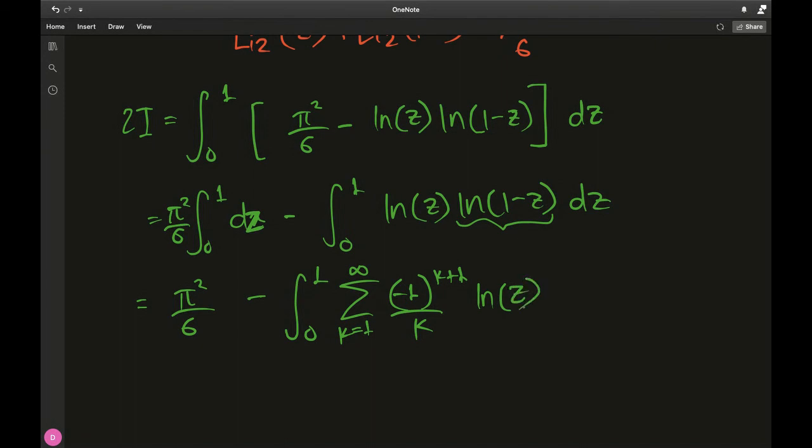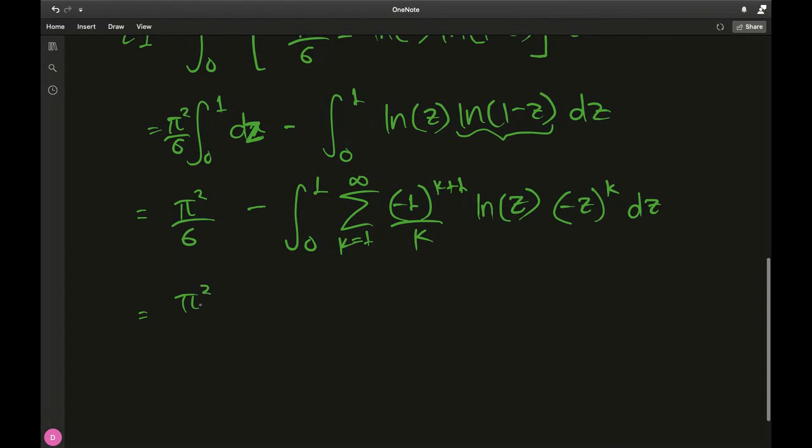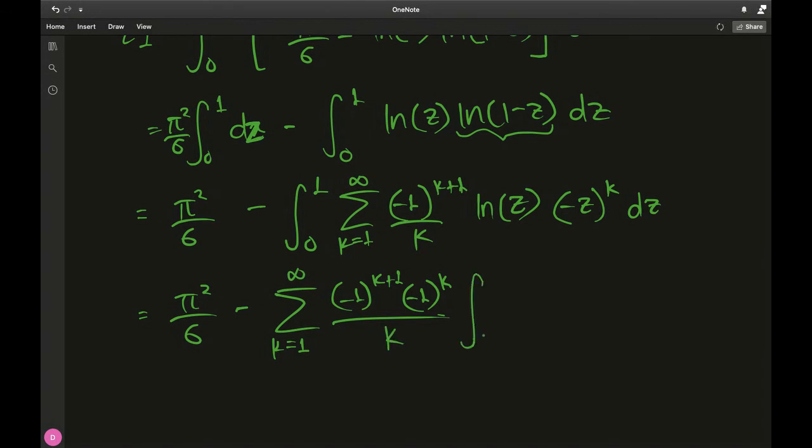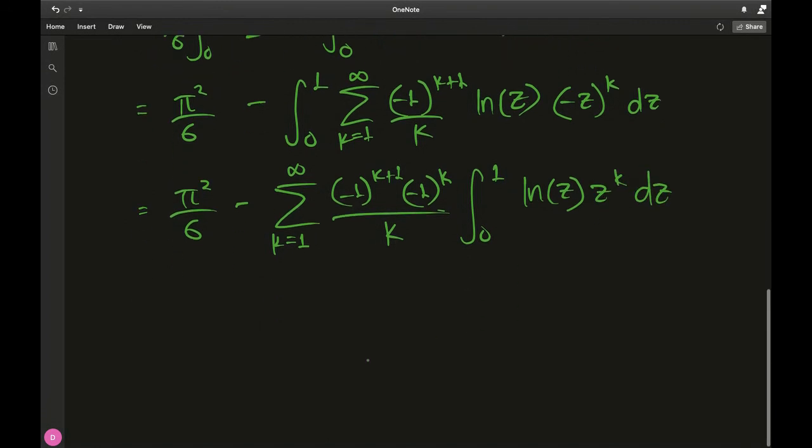So we have natural log of z and negative z to the kth power dz, which becomes pi squared over 6 minus, assuming uniform and absolute convergence, the summation comes outside, the sum from k equals 1 to infinity of minus 1 to the k plus 1 multiplied with minus 1 to the k divided by k, times the integral from 0 to 1 of natural log of z times z to the k dz.